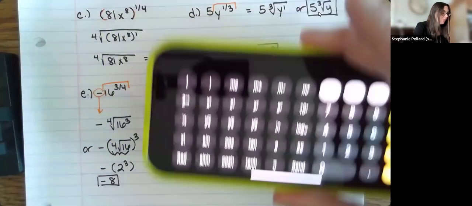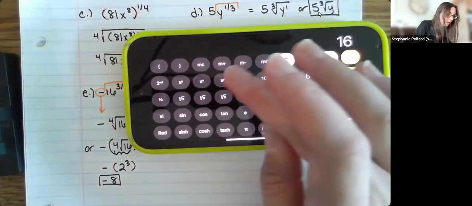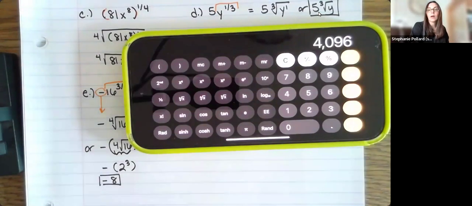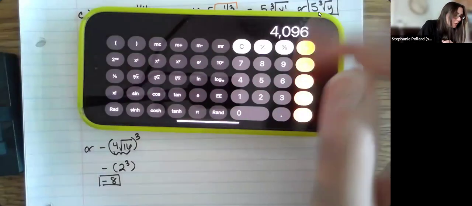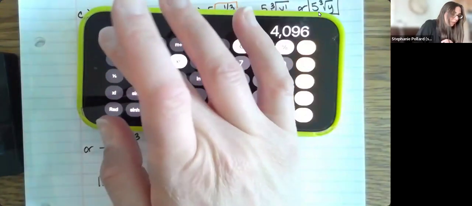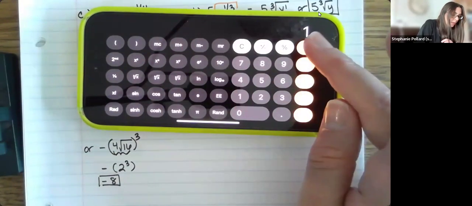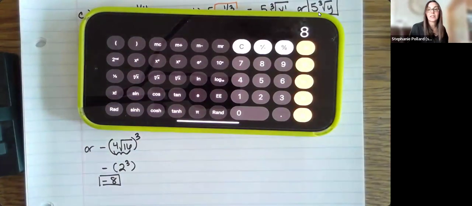So if I want to find out what that root is, I may want to do it as an exponent. A fourth root would be a 1/4 power, right? I could go back and forth between the two forms. So I could use my exponent key here, probably put in parentheses so I don't mess up that fraction, and hit the equal sign. And then I can see I do get that same answer of 8.